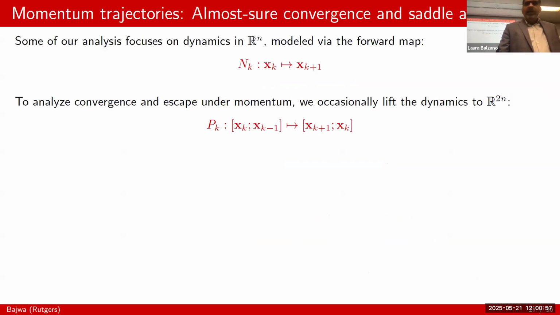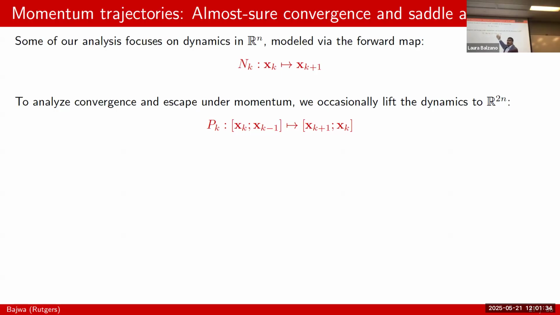To do the analysis for this is much more challenging, because if I think of it as a dynamical system, I have two kinds of dynamics that I can look at. I can look at dynamics in n dimensions, which is the forward map that takes my xk to xk plus 1. But this dynamics does not have a very clear closed-form expression. A better dynamics to look at is lifting the problem to 2n dimensions, where you look at the mapping of xk and xk minus 1 to xk plus 1 and xk.